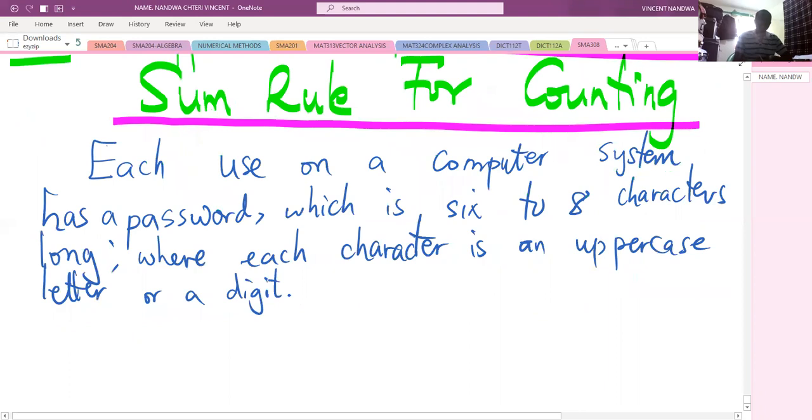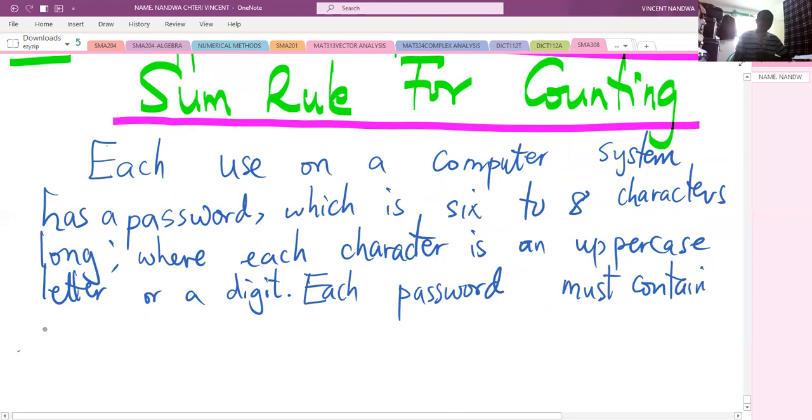So, other conditions given, each password must contain at least one digit.